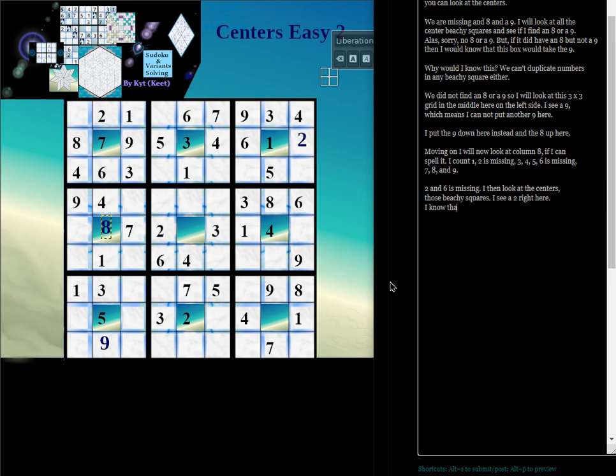Now I know that I cannot put another 2 in any beachy square called the center. This means that I can only put a 6 here.